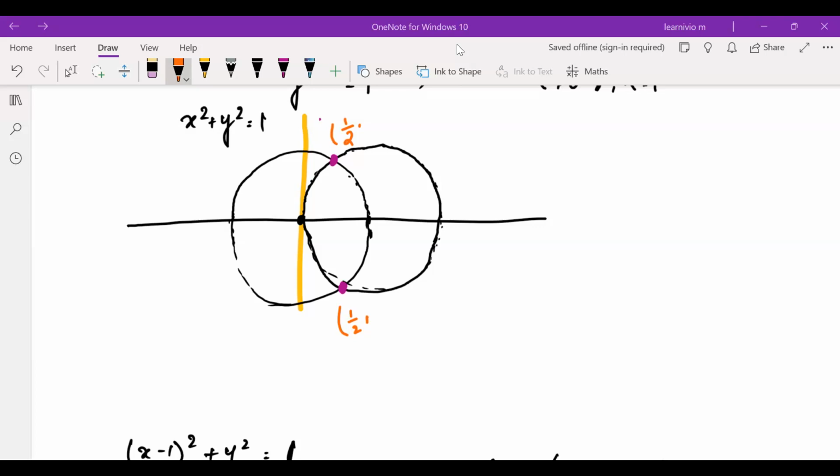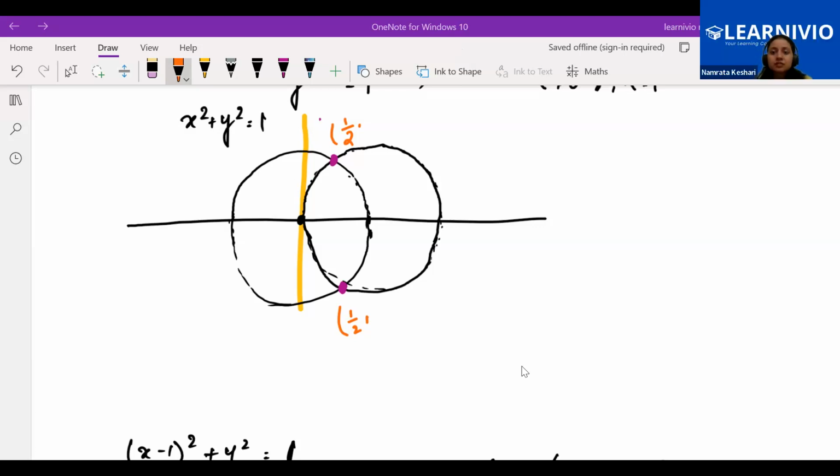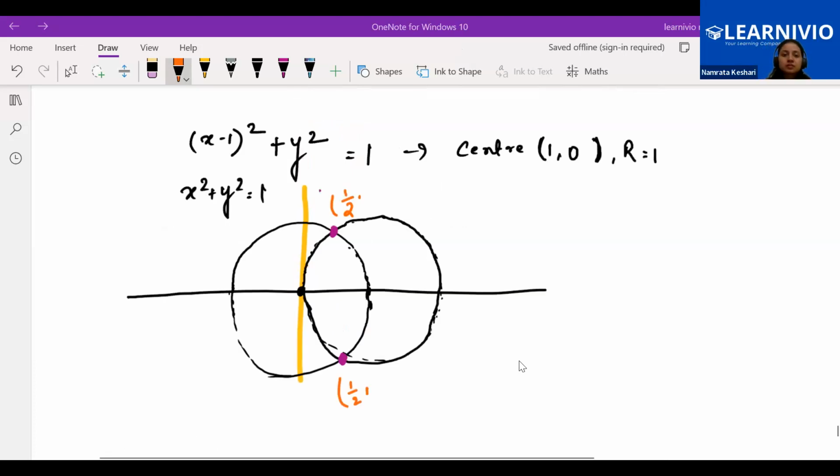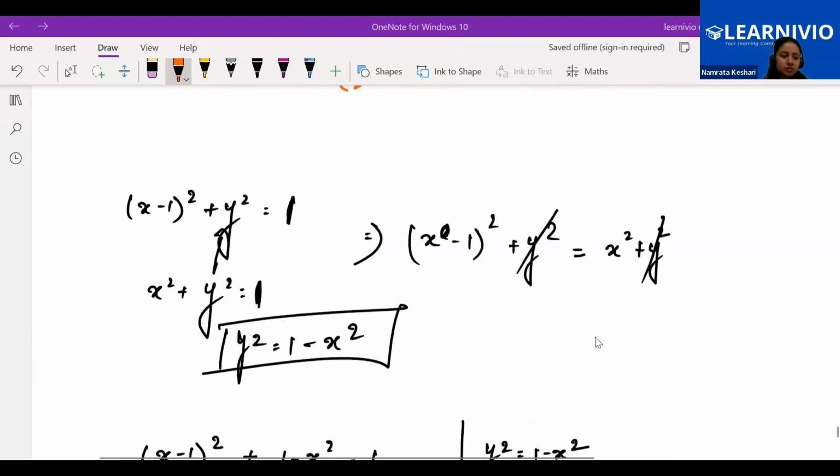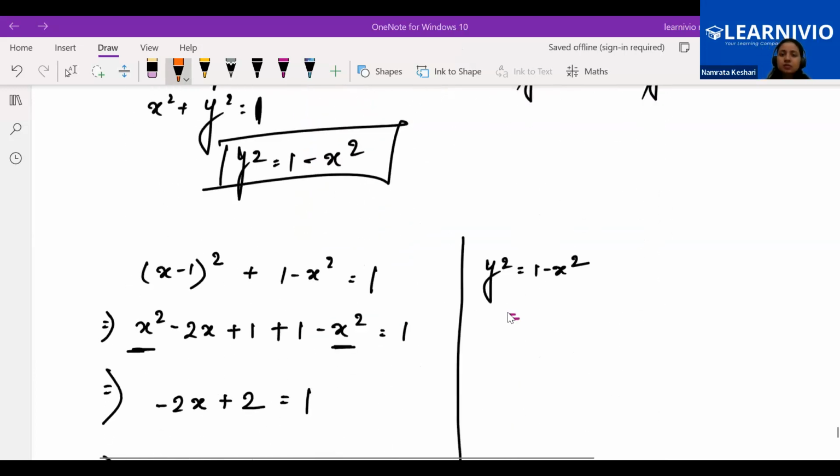Yes, Murtaza. Plus or minus root 2 by 2. Root 2 by 2.